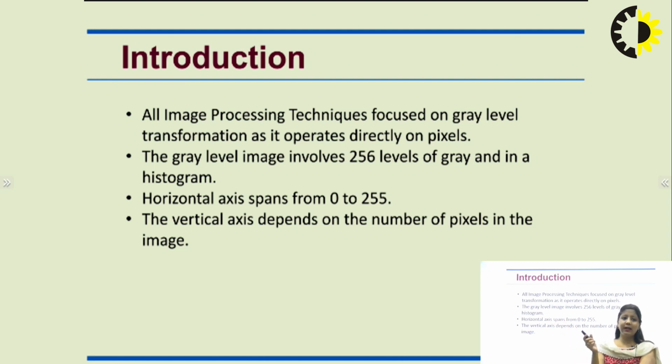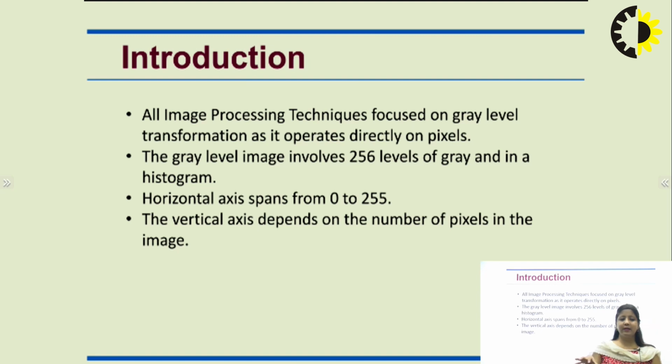The intensity of gray level images ranges from 0 to 255. So we have a pixel range from 0 to 255, where 0 means black and 255 means white. The horizontal axis spans from 0 to 255, and the vertical axis depends on the number of pixels in the image.